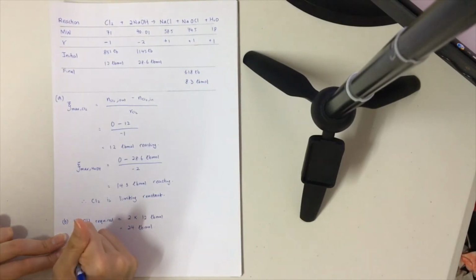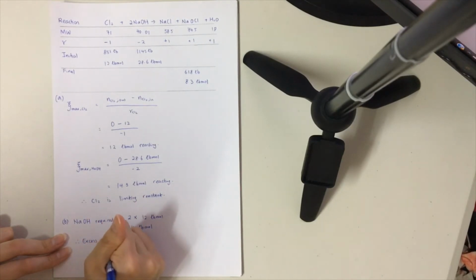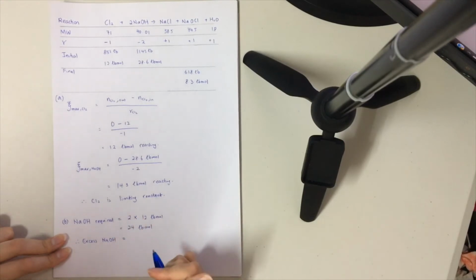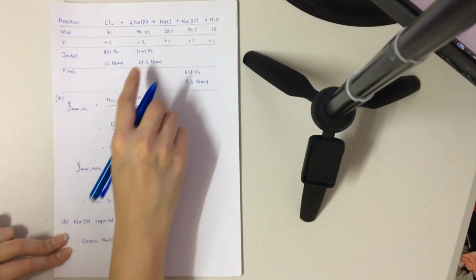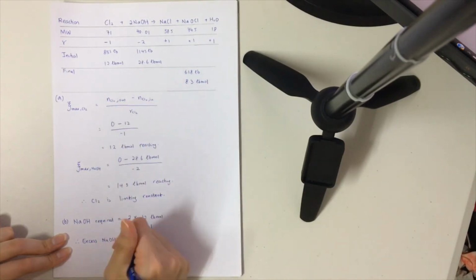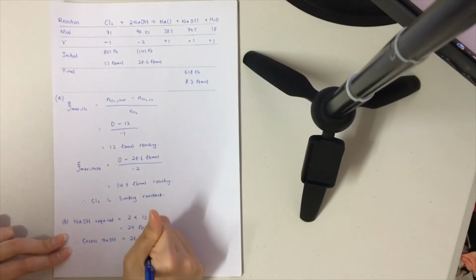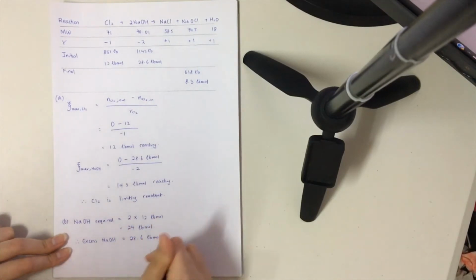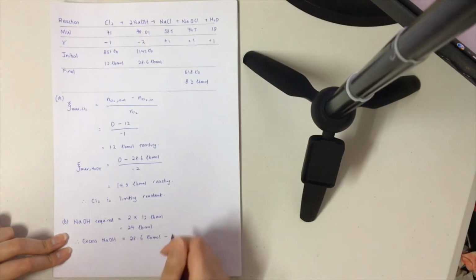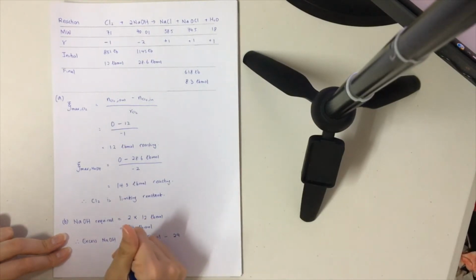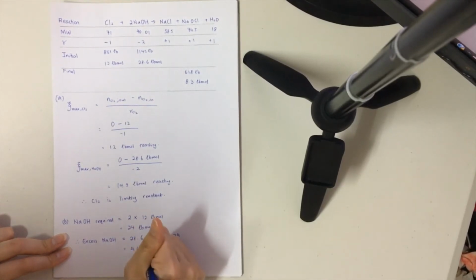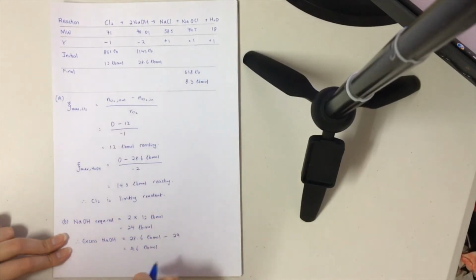Therefore, of the 28.6 pound mole of NaOH that was given, we only require 24 pound mole, so we have 4.6 pound mole of excess NaOH.